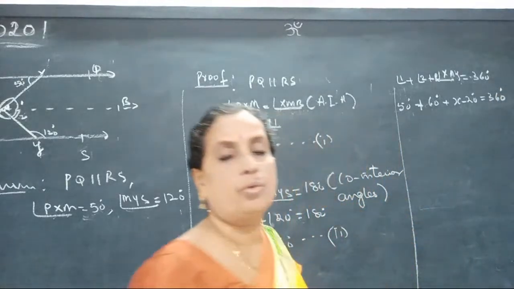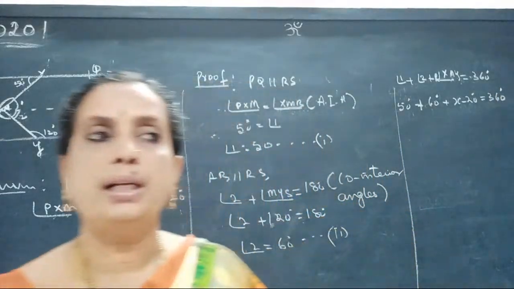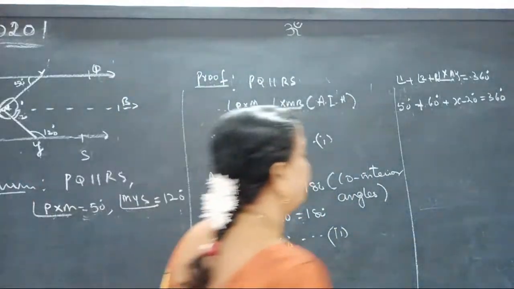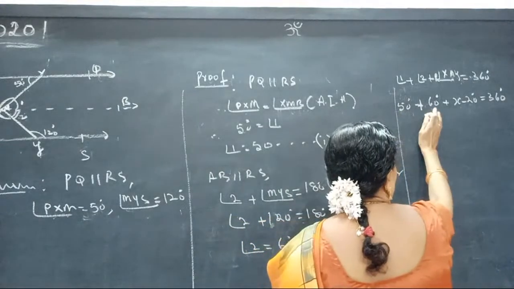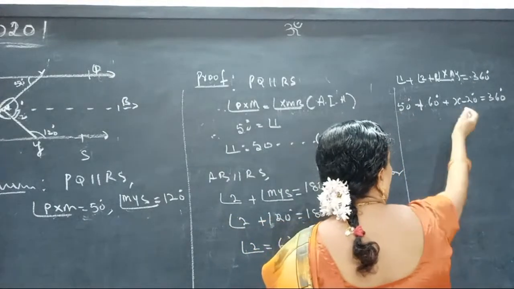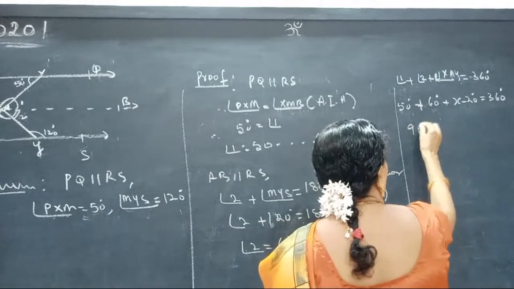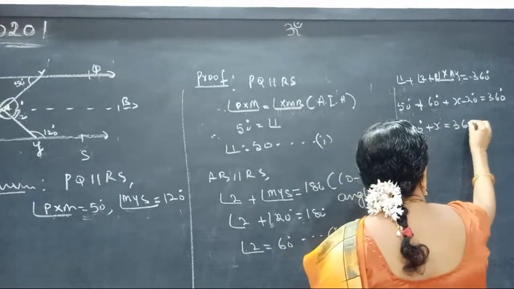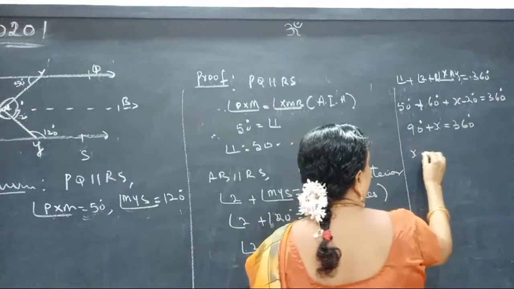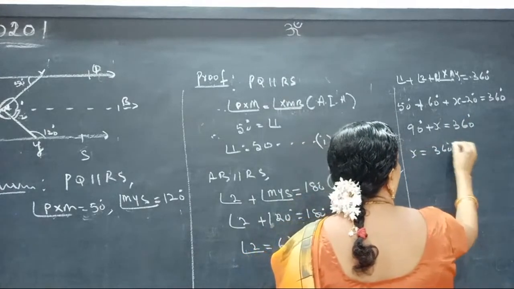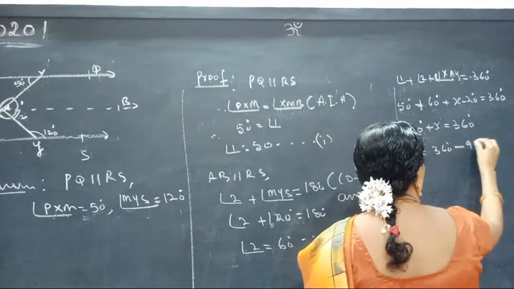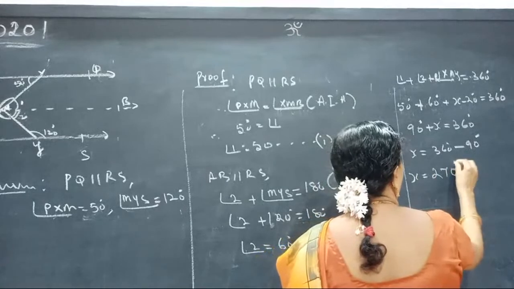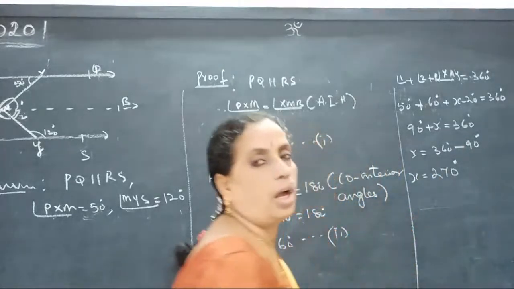In the bracket you can write: sum of the angles around the point is 360 degrees. So now 50 plus 60 is 110, minus 20 is 90, plus x equals 360 degrees. x equals 360 degrees minus 90 degrees. x equals 270 degrees.